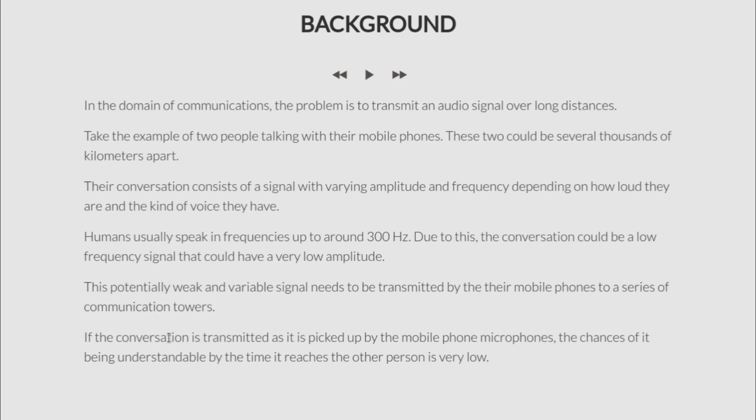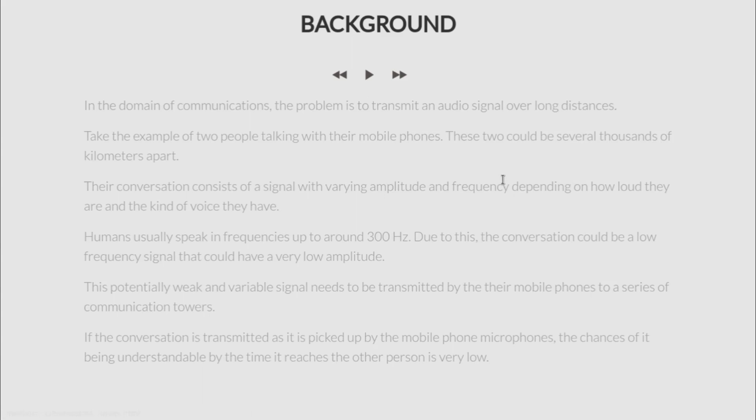If the signal is transmitted as it is, without any modifications, by the time it reaches the other person, it's going to be complete garbage. It's going to be completely dissipated. So the other person will not understand anything if you just transmit the signal as it is. And it is for this reason that we have to process it.